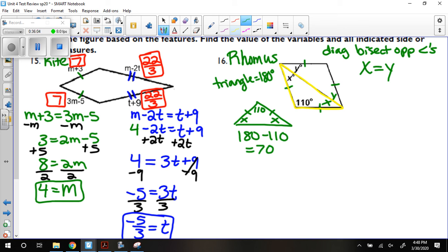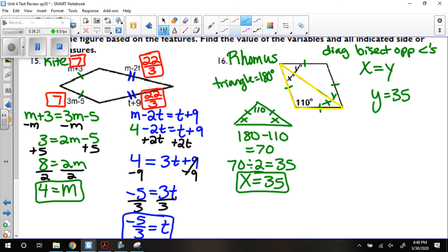And then I need to split that 70 equally between my x's. So I'm going to divide it by 2, which is 35. So that means x is 35. Well, if x and y are equal, then y is also 35. Okay, we are told to find the angle measures. So all I have to do is label that this one is 35 degrees and this one is 35 degrees.